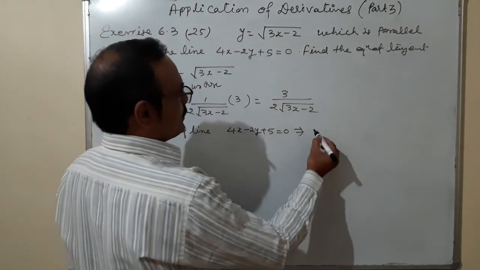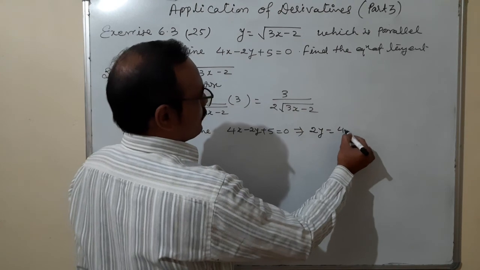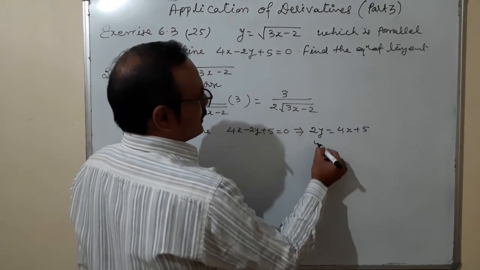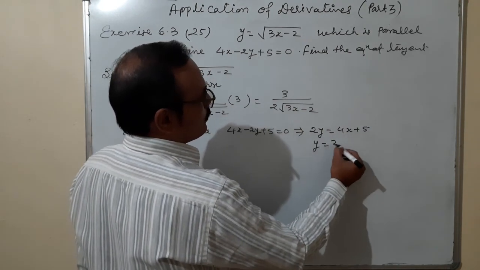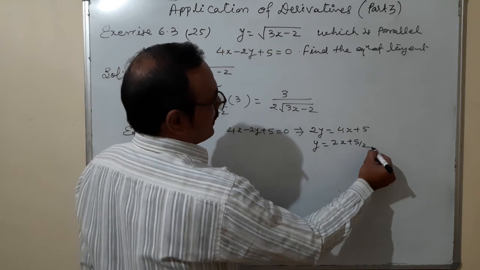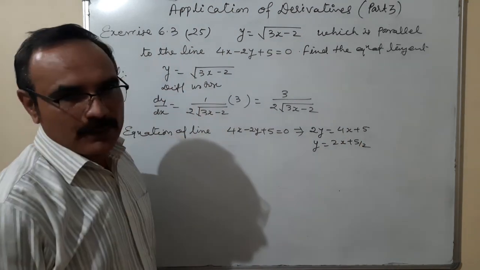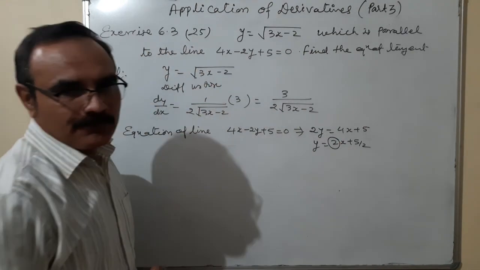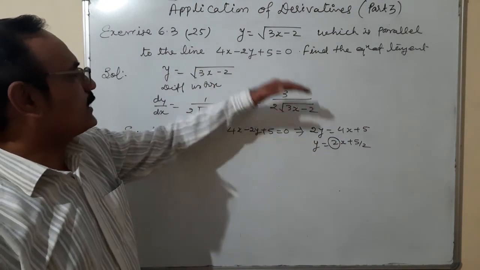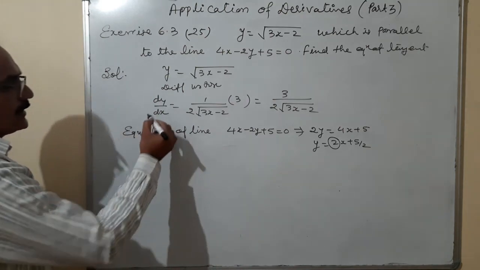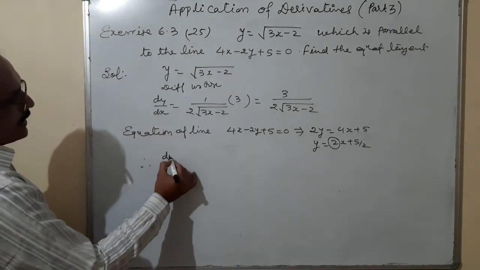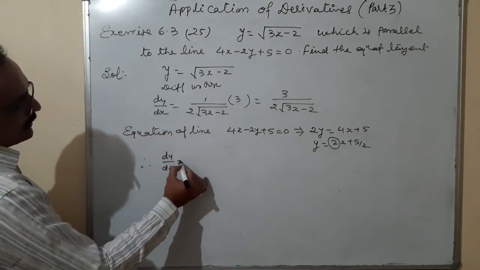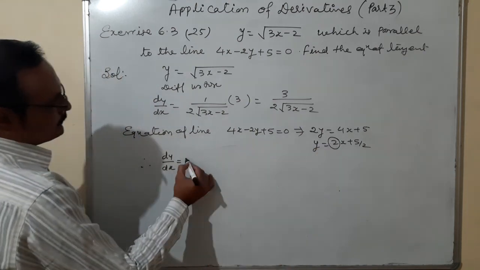So what is coming here? 2y is equal to 4x plus 5. Therefore y is equal to 4 upon 2, means 2x plus 5 by 2. This is the form of y is equal to mx plus c. So what is m? m is 2. Okay. And because this line is parallel to the tangent, therefore dy by dx is equal to 2.